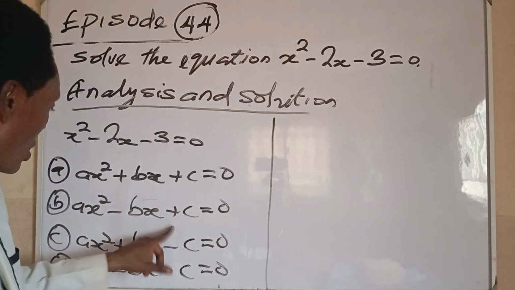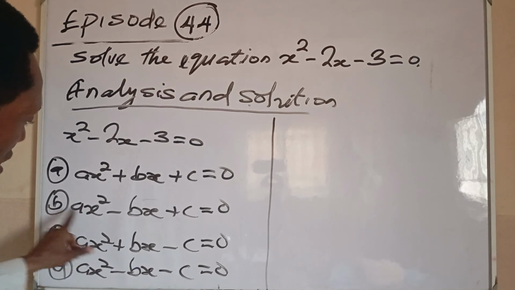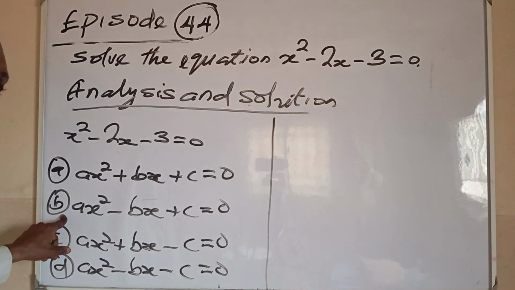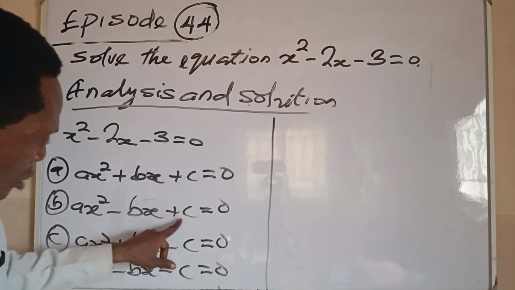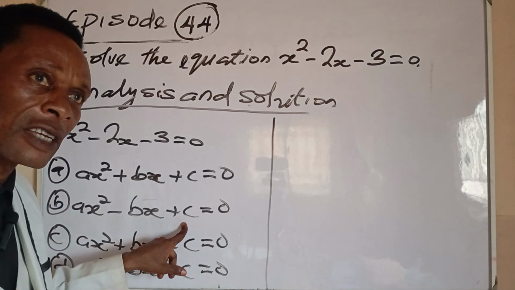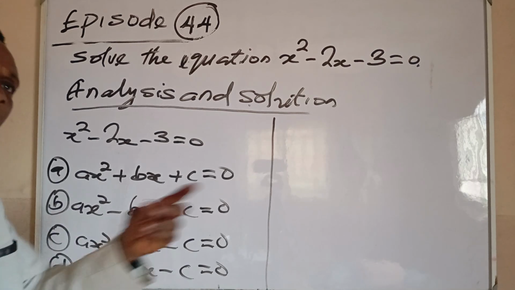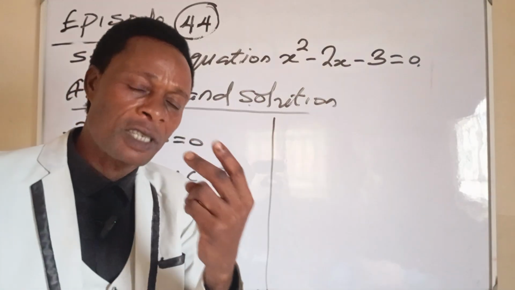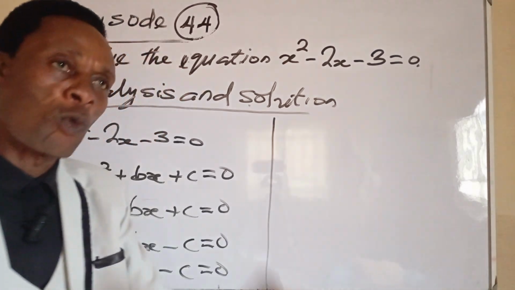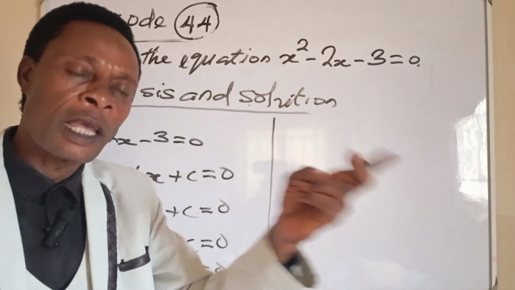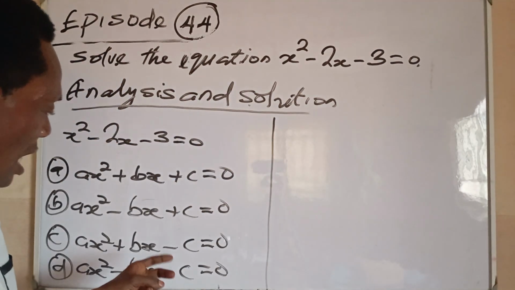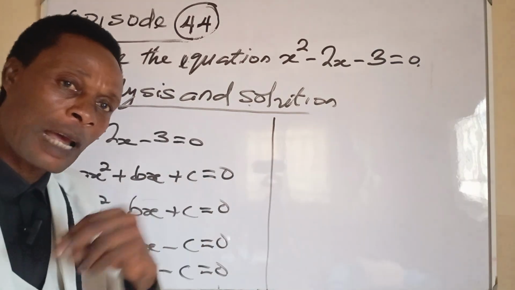For the second one, format B, the constant is positive and the middle term is preceded by negative. It means the two possible factors will be of the same sign, but both must be preceded by negative.